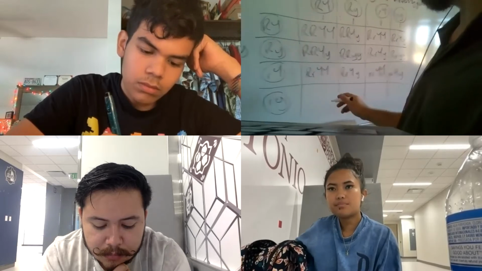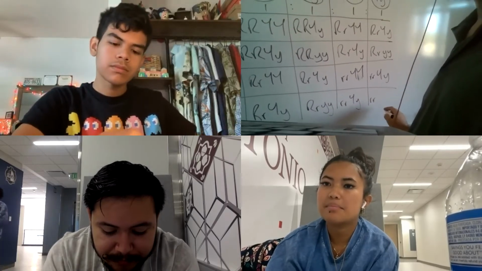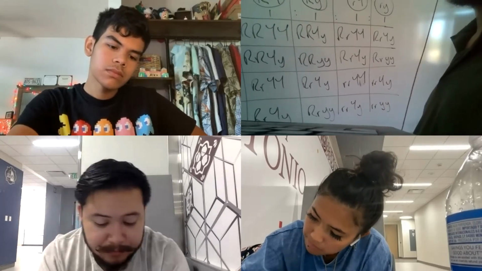And again, this is one of those things that if you do all this, it'll always be right. Right? Cannot get it wrong. And then the very last one will be your double homozygous recessive.